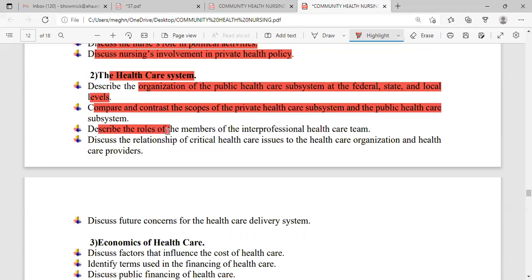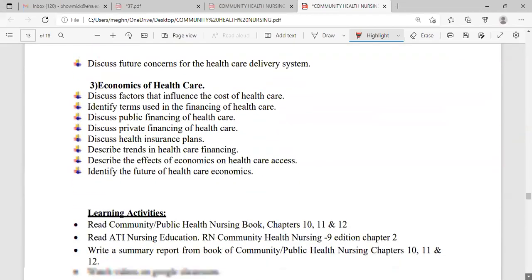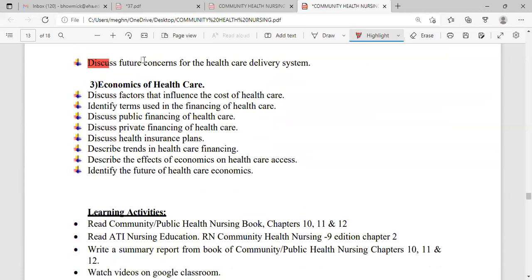Describe the role and regulation of the members of the interprofessional healthcare team, and discuss the relationship of critical healthcare issues to the healthcare organizations and healthcare providers. Also, discuss the future concern for healthcare delivery systems.